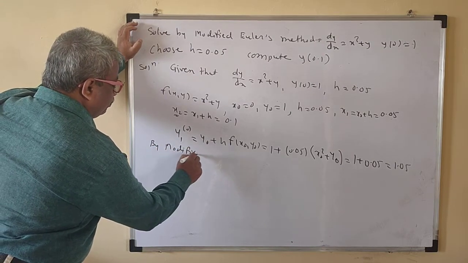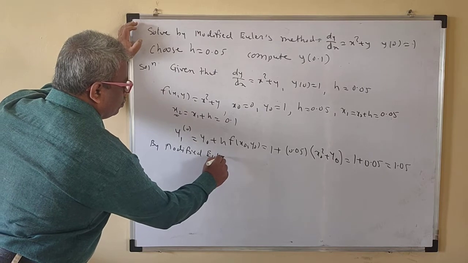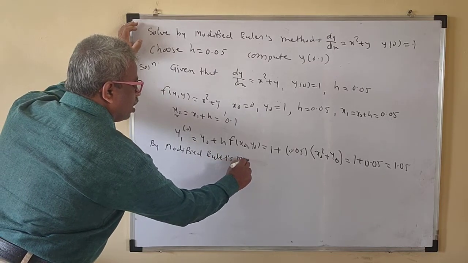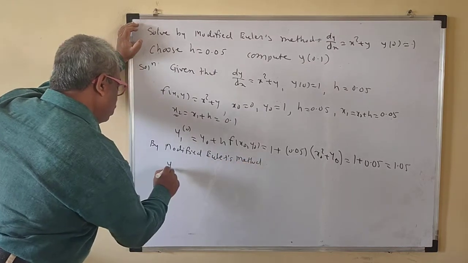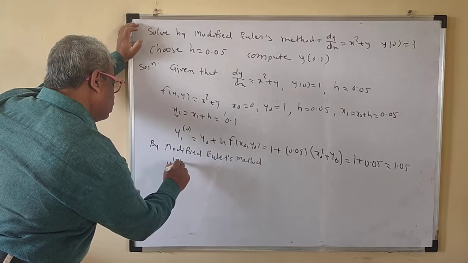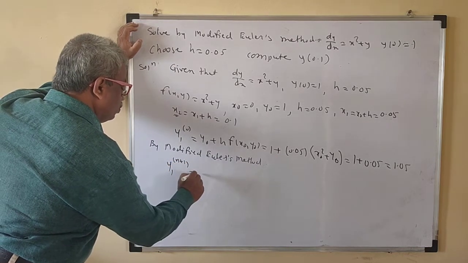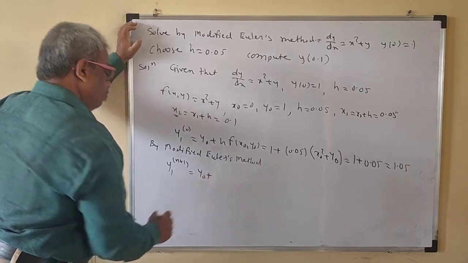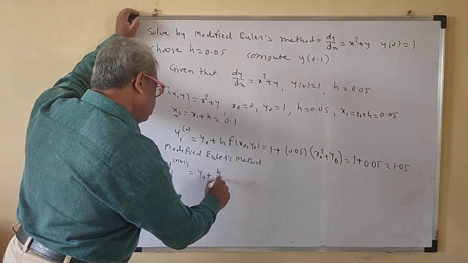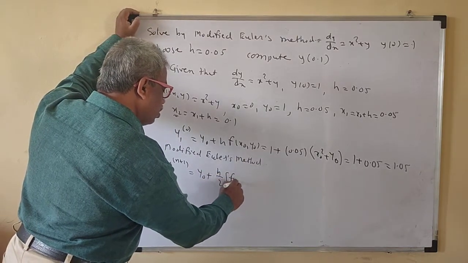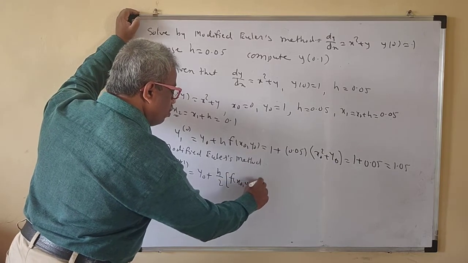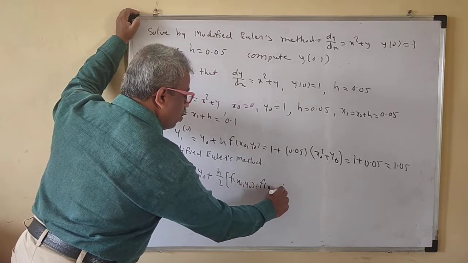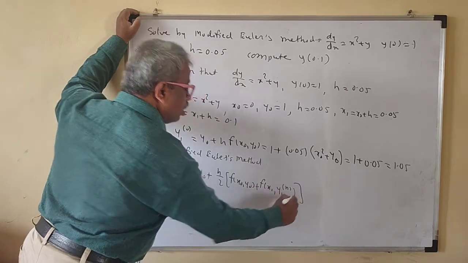Okay. So now by modified Euler's method, y1 of n plus 1 is equal to y0 plus h by 2 f of x0 y0 plus f of x1 y1 of n.